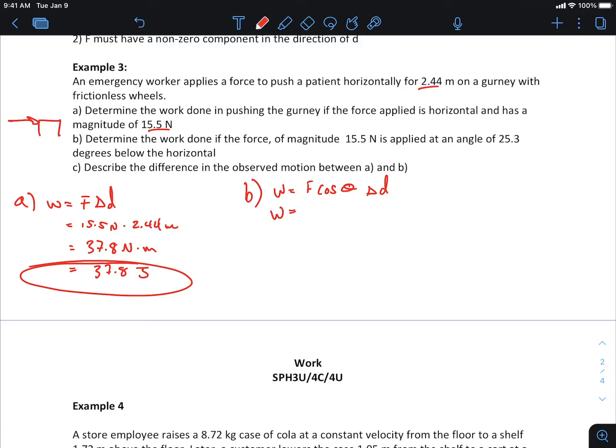So let's just find the work. We're going to apply the same force of 15.5, right? And the cosine of 25.3, right? How far did I push it? 2.44. And if you type that into your calculator, you'll see 34.2 newton meters.